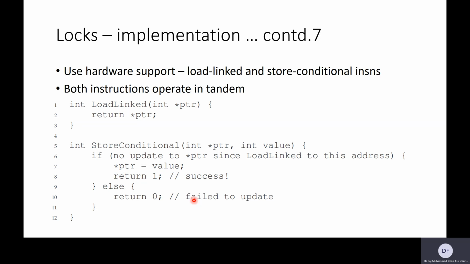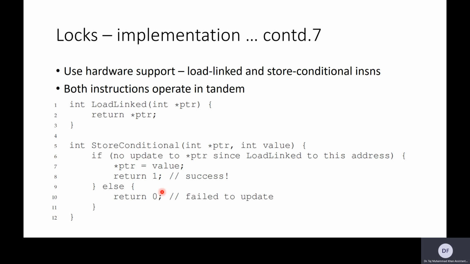They operate in tandem, in synchronization with each other. After a load linked to an address, a store conditional to the same address would succeed only if between the load linked and the store conditional no other update was performed to this address. So if this condition is true, then the store conditional will store this value at this address and return successful. Otherwise, it will return failure.